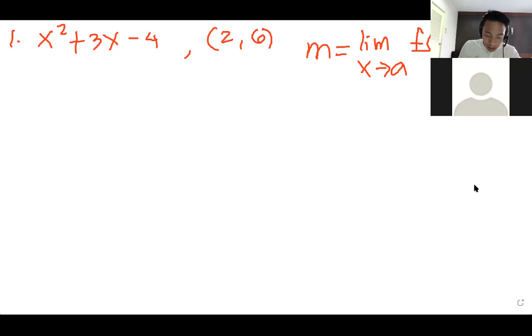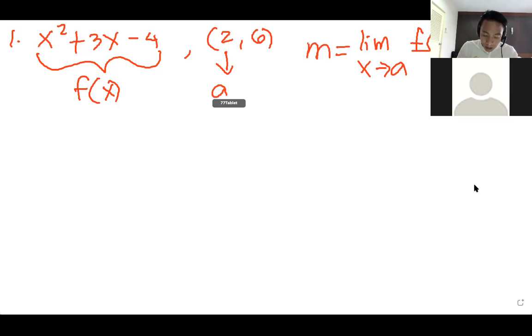The x squared plus 3x minus 4 will be our f of x. Our 2 is our given a, and our 6 is our f of a.